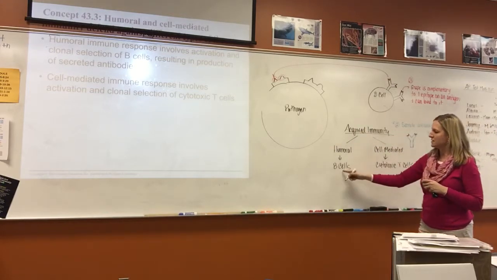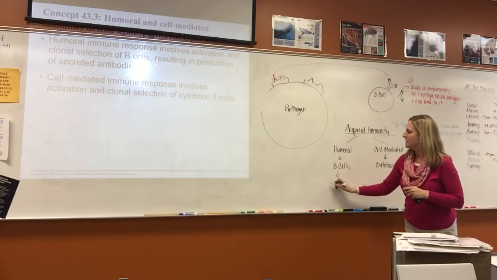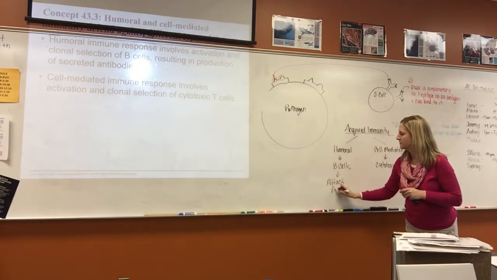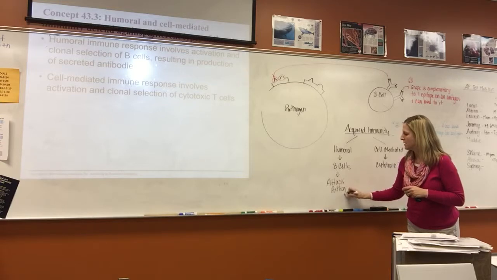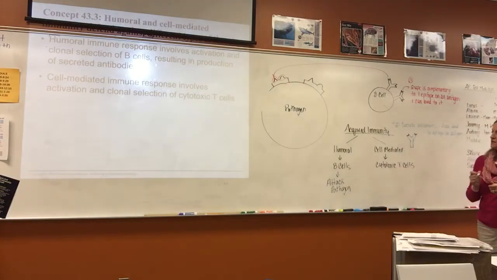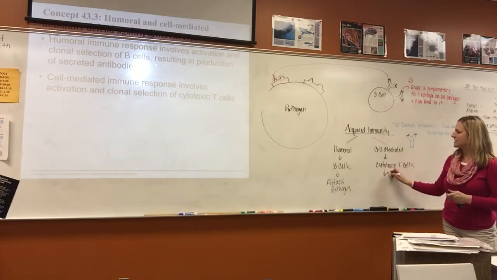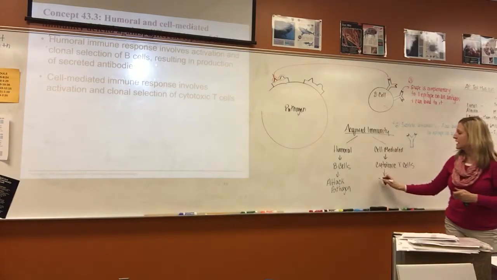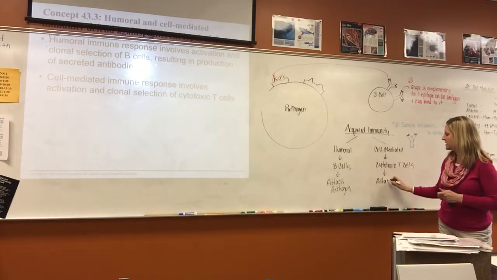The B cells attack the pathogen. So that's one way we want to get the pathogen out of the body. But the cytotoxic T cells, this part here, have a different role. These guys attack infected cells.